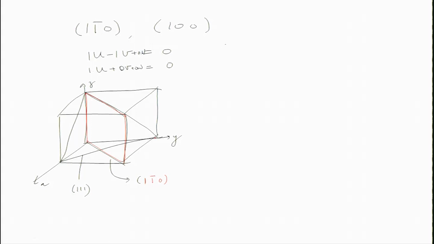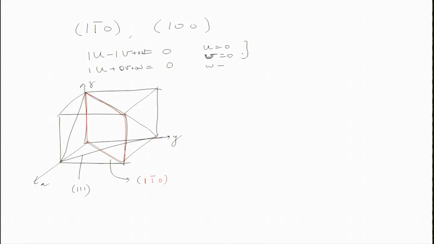In this case you can see that your U is equal to 0 and V is equal to 0, which means your W is undefined, we have not defined W here.